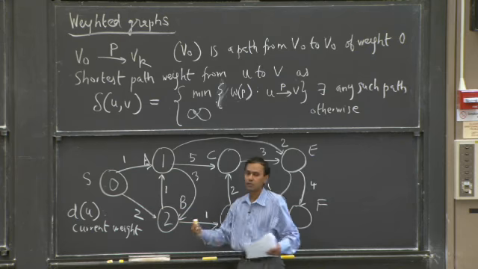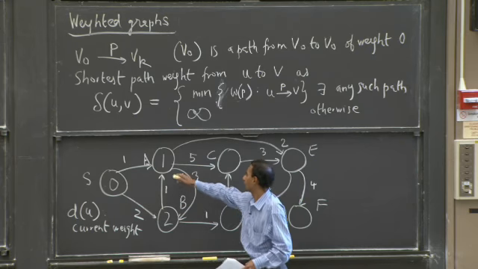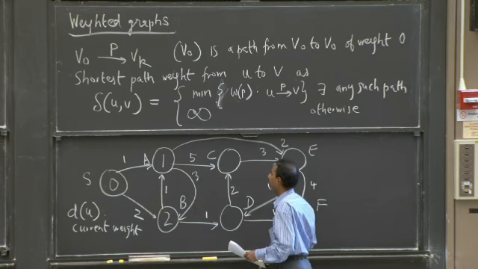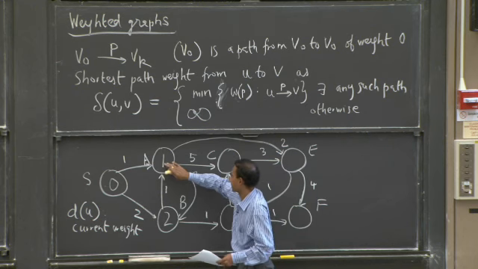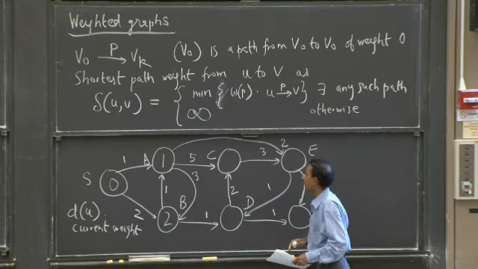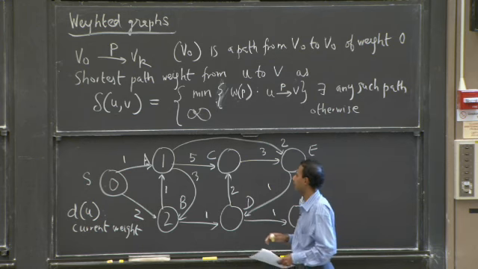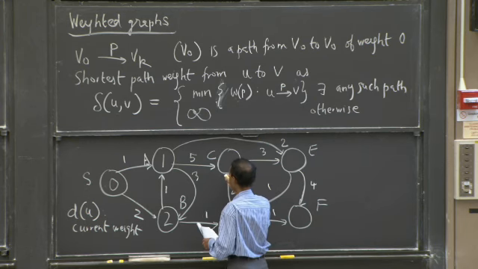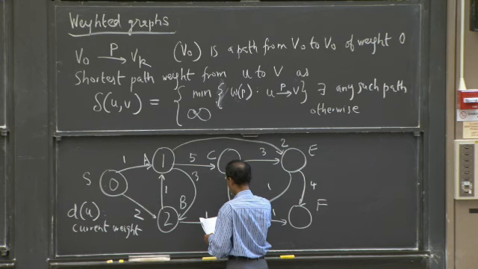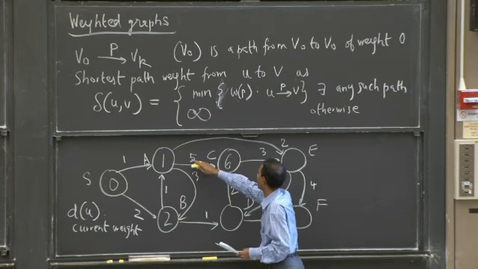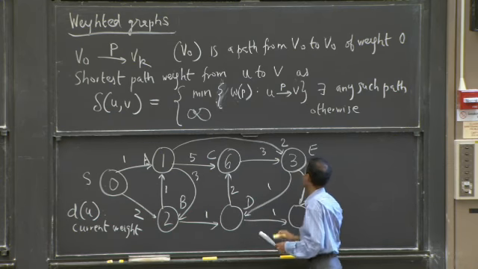Now I could arbitrarily pick this 1 here, this A vertex, and then start looking at the edges that emanate from the A vertex, and I could go off and mark this as 6, for example. And if I start from here, I'd mark this as 3.